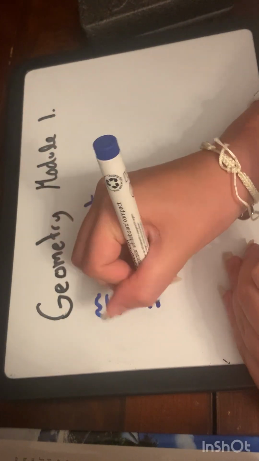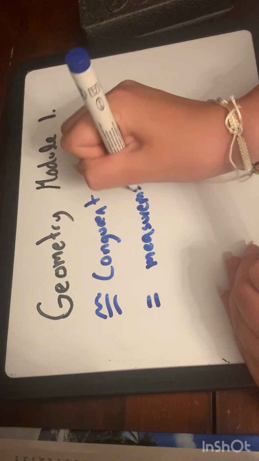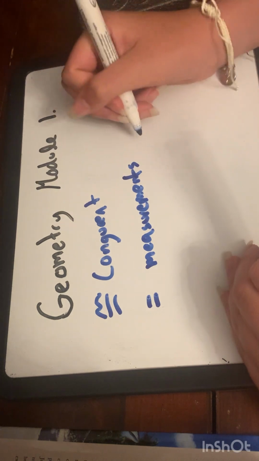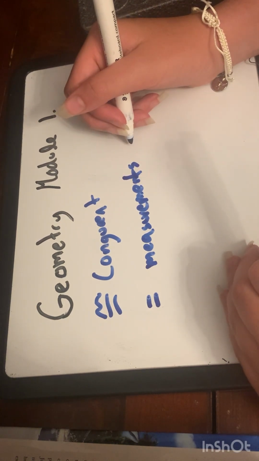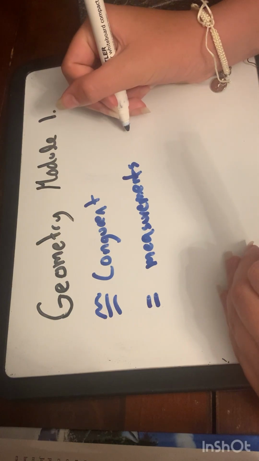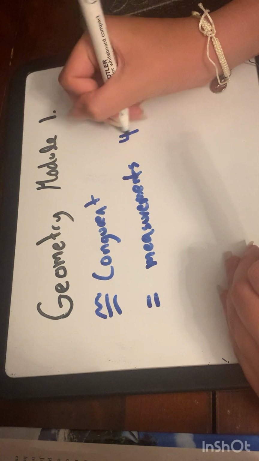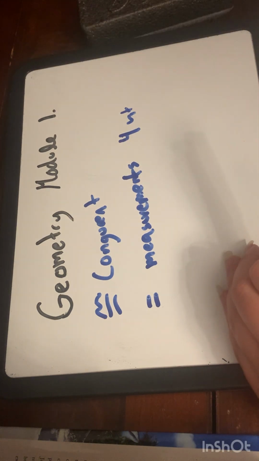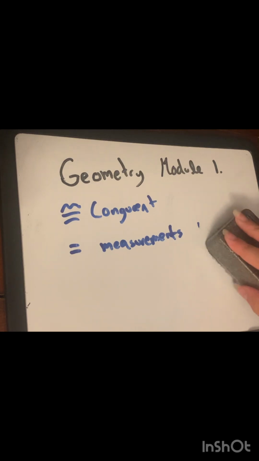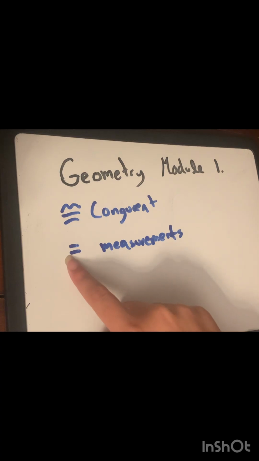Now, equal is measurements. That's very important. Okay guys, so today I want to show you the geometry symbols. Equal means measurements.